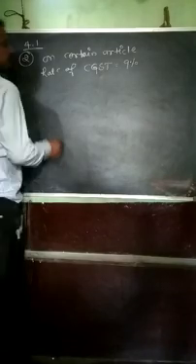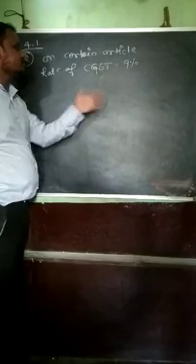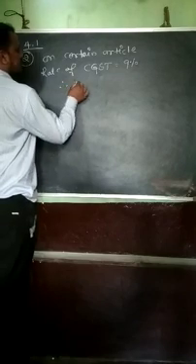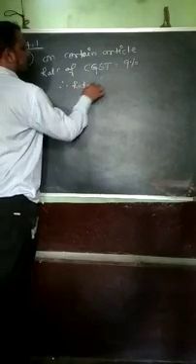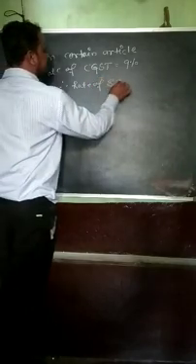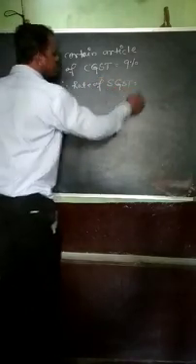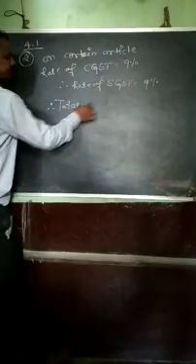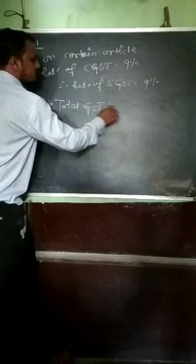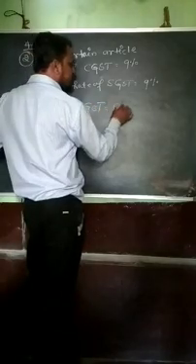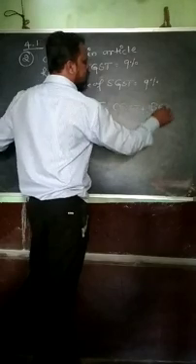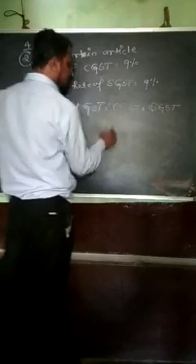So we know that central GST is equal to state GST. Therefore, the rate of state GST is also 9%. Therefore, total GST is equal to CGST plus SGST.